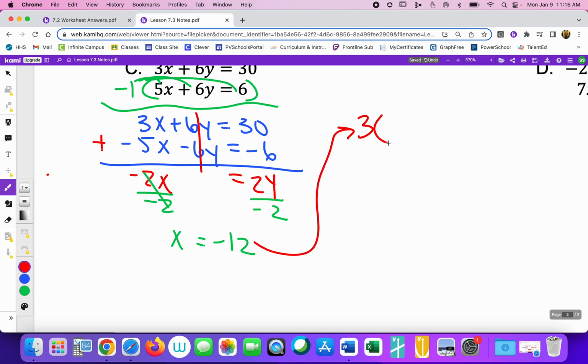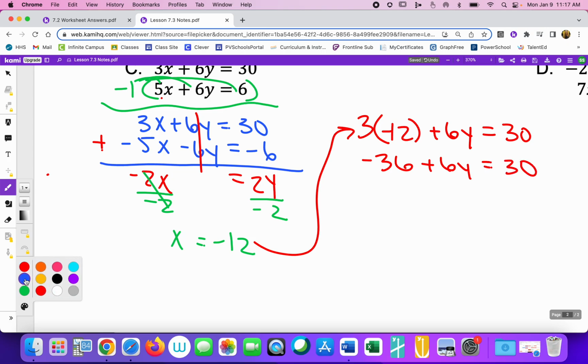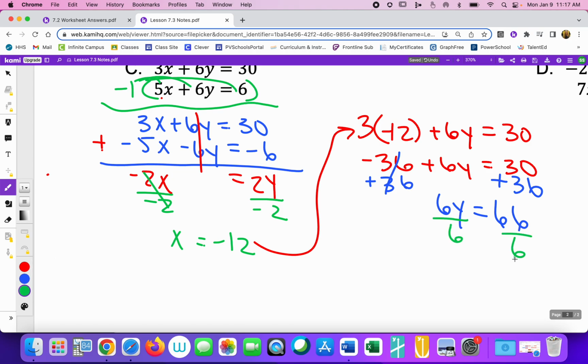So 3 times our x value of negative 12 plus 6y equals 30. Or you put it in for the x next to the 5. Okay. Either or. 3 times negative 12 would be negative 36. Add 36 to 30. 6y equals 66. 66 divided by 6? 11.